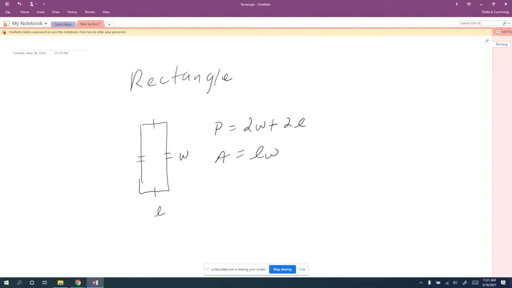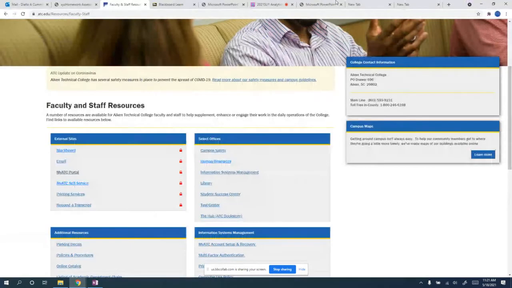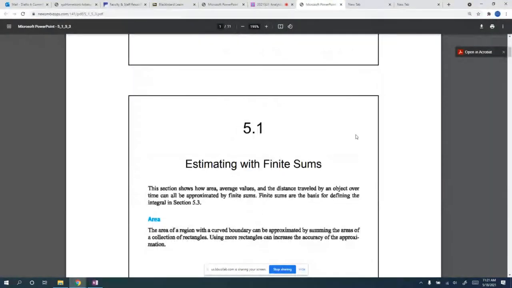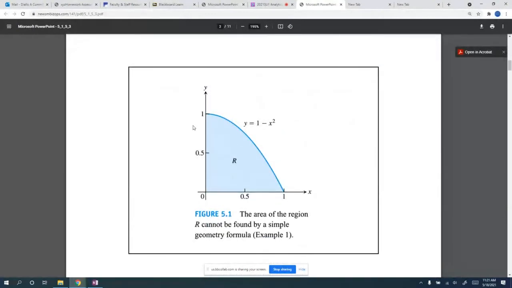We're going to use a series of rectangles to estimate area. This is basically called Riemann sums, or estimating by finite sums.